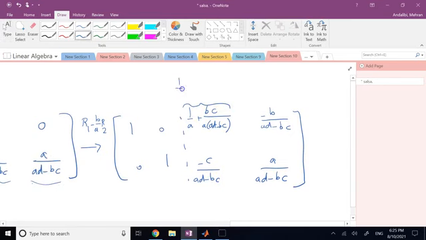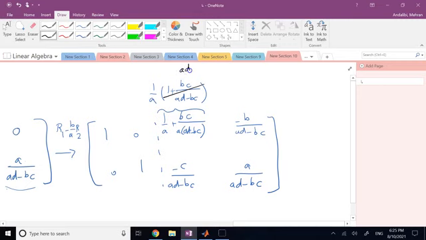Both terms have a 1 over A, so you can factor it out. It's going to be 1 plus BC over AD minus BC. And if you simplify this, you will get AD over AD minus BC. Then A and A simplifies, so the whole thing will be D over AD minus BC.